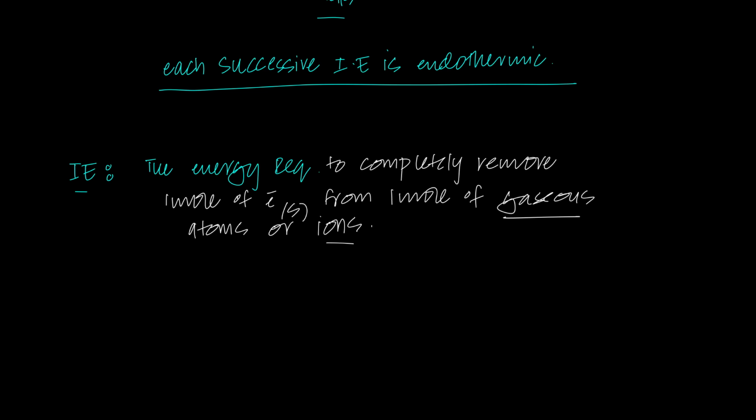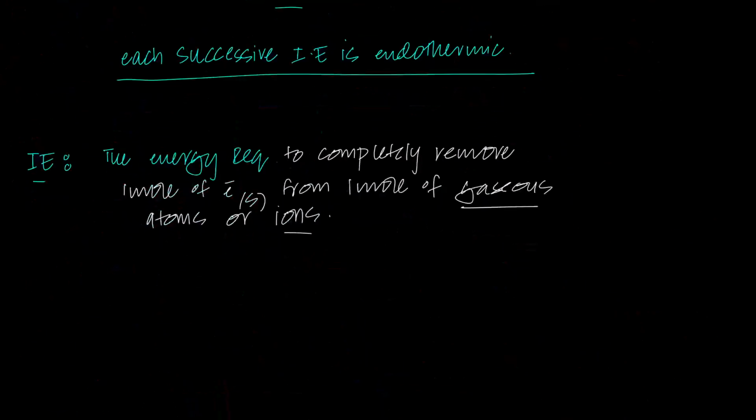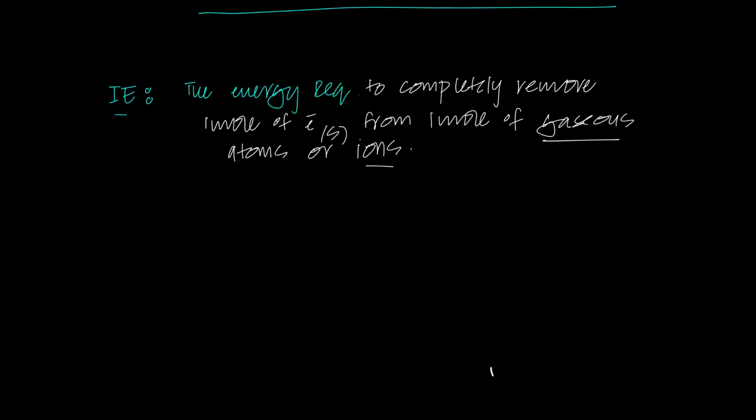Otherwise, if it's in its solid state or molten state and you try to remove an electron, you wouldn't get the proper value for it, because the electron will experience effects from the nuclei of the atoms which are closer to it, and whatnot. Yeah? That's what ionization energy is.